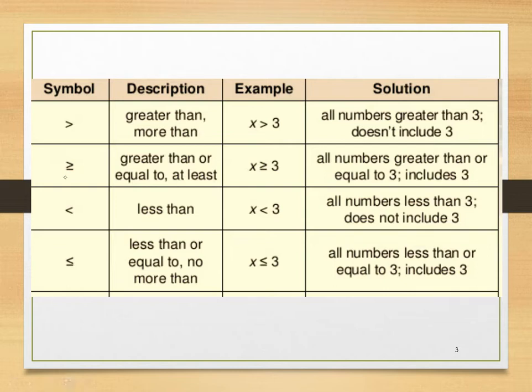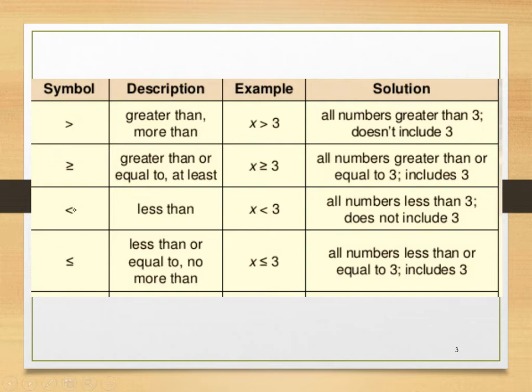If we have the sign greater than or equal to, meaning at least, for example x is greater than or equal to 3, then we take all numbers greater than or equal to 3, which includes 3 also. So with the greater than or equal to sign, we will not include only the greater values, we will take 3 also.